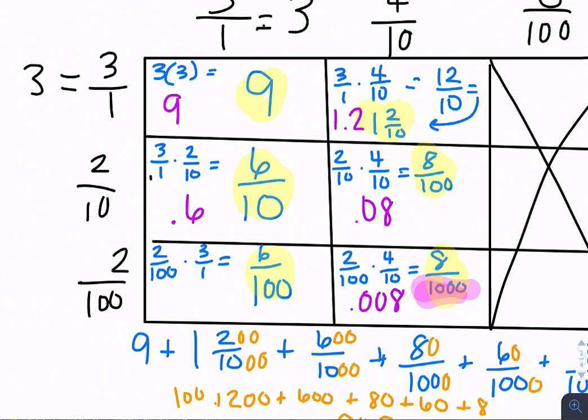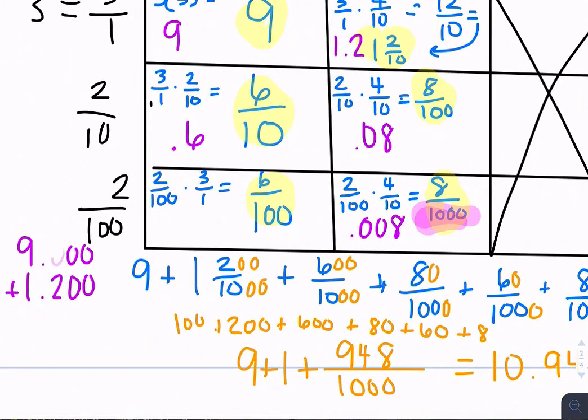So I really have 9.000 plus 1.2. I have to make sure my decimals are lined up. Oops, and I forgot this one. This would be 0.06.